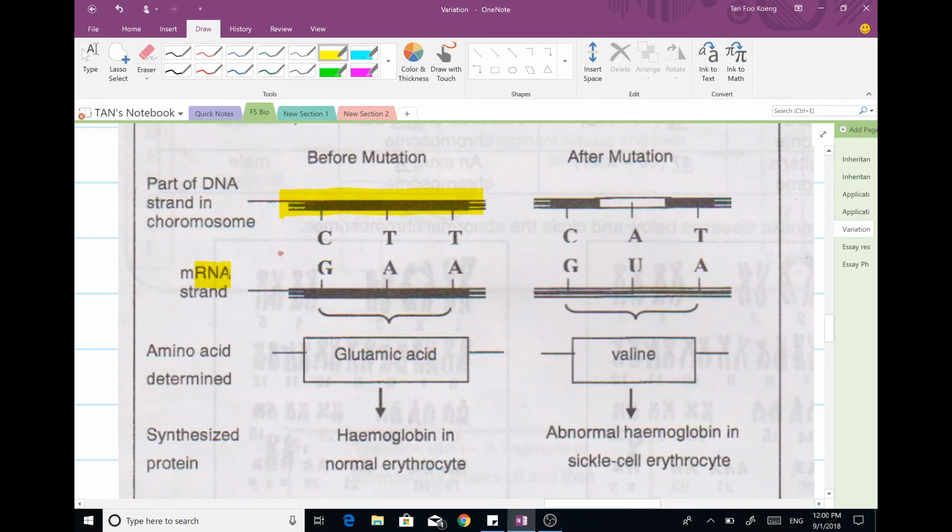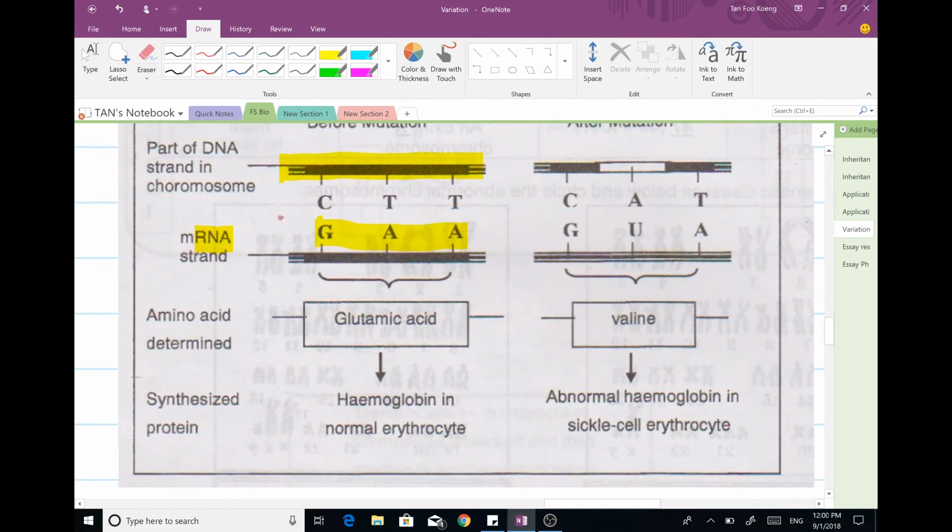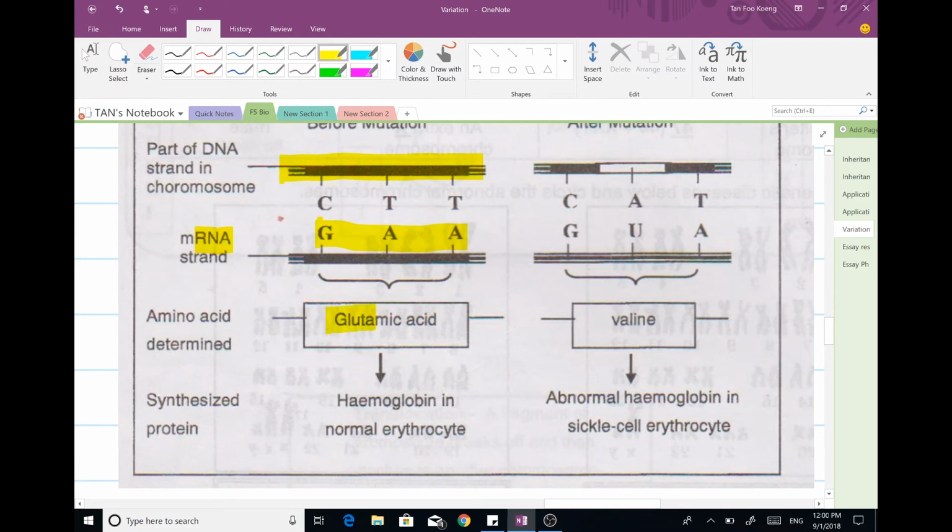So this RNA will copy the information CTT as GAA. When this RNA transfers the information to the ribosome, the ribosome will join the amino acids into the protein. As such, we are able to form the hemoglobin in a normal erythrocyte.